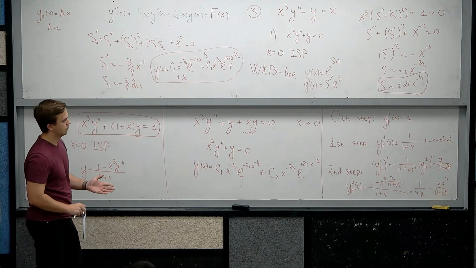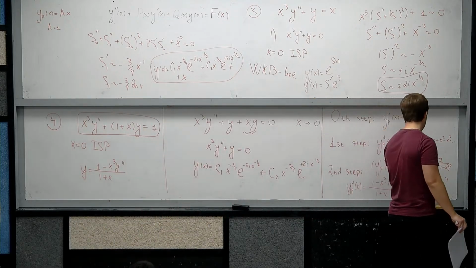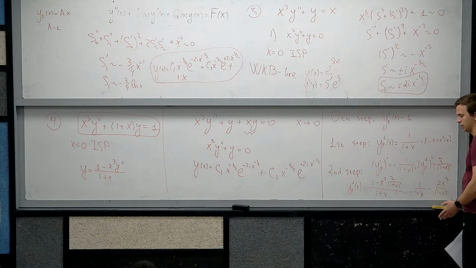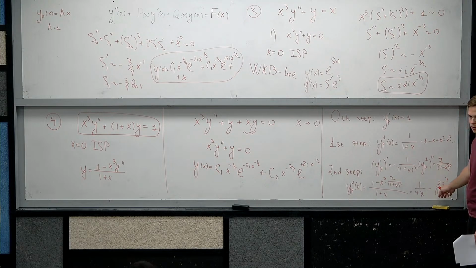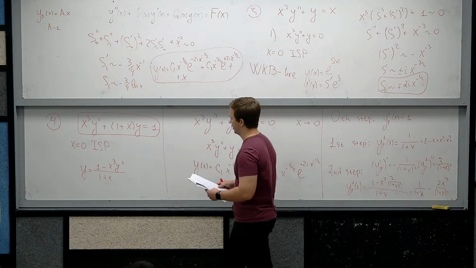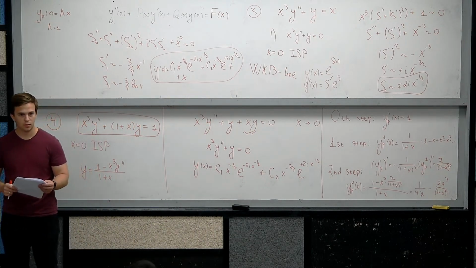It would be some series, but again, at the singular point x equals 0, the particular solution is smooth. And you see that the closer we get to 0, the more negligible these additional terms are. Okay, so this is example number 4.